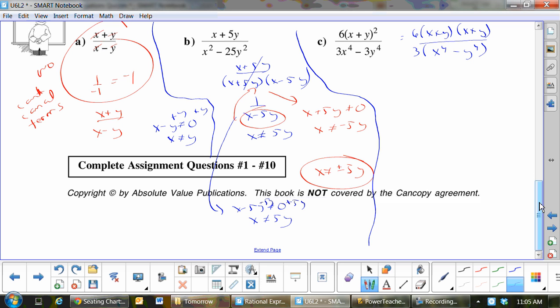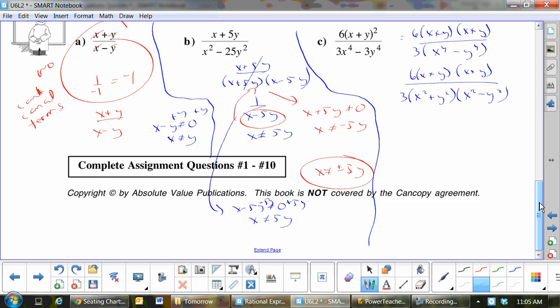What should I do next? Difference of squares. So my top is 6 times x plus y, x plus y, and the bottom would be 3 times x squared plus y squared, x squared minus y squared. And I got another difference of squares.